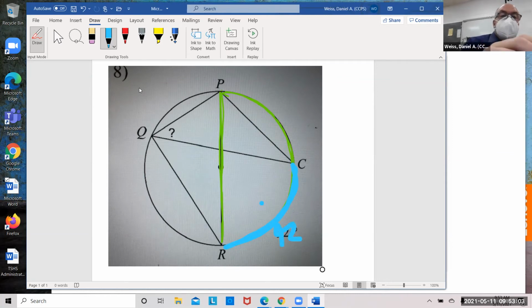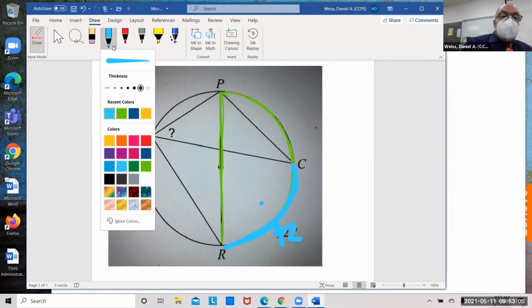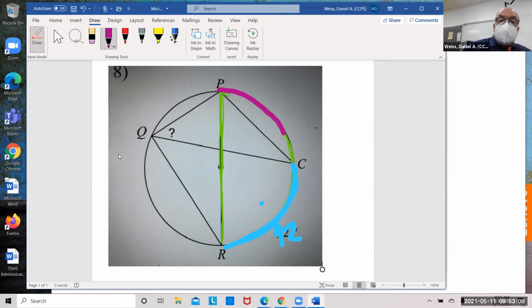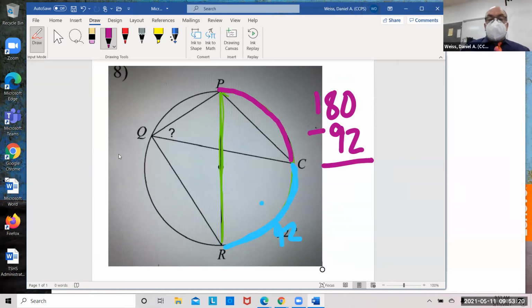That means that this piece here has to be 180 minus 92, right? You good with that much?